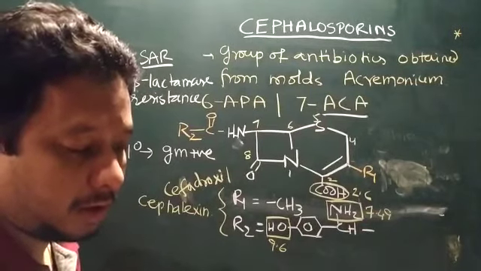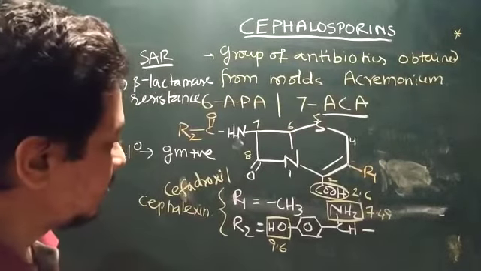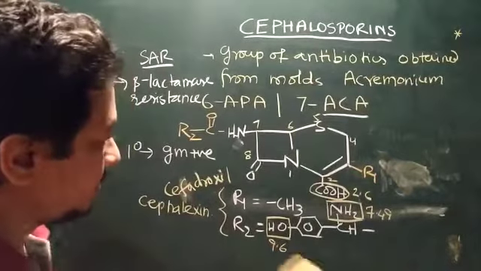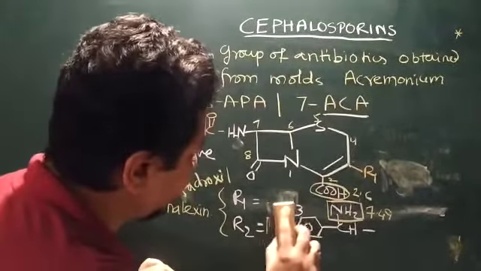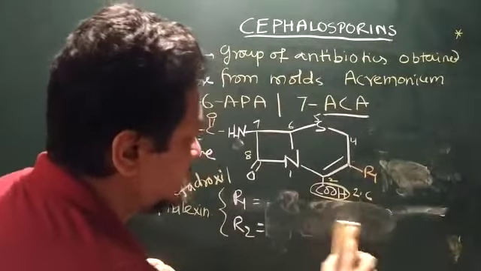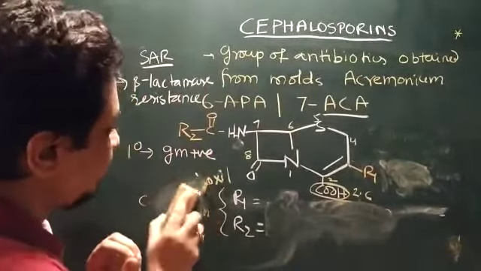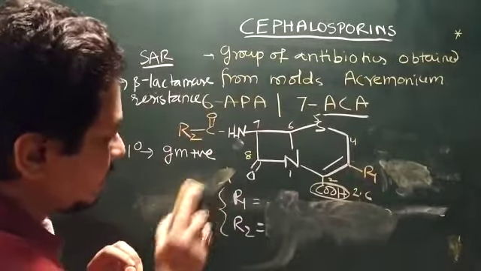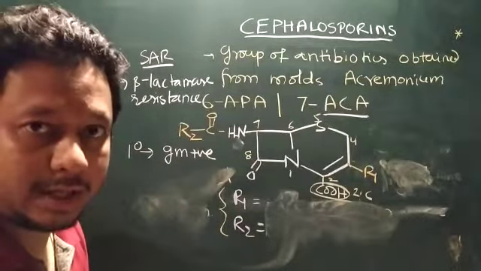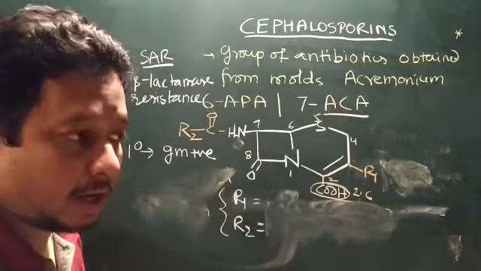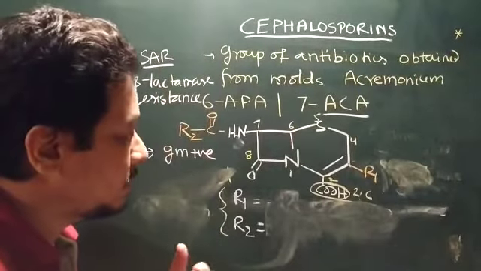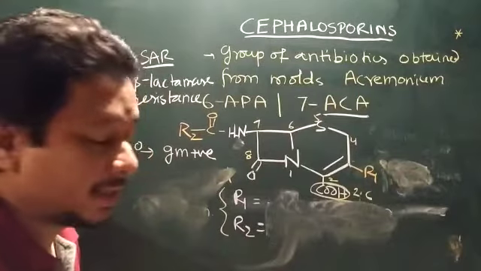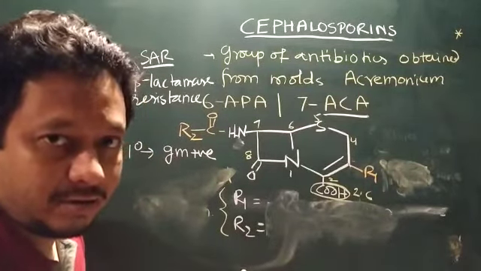Next, I'll continue with more water soluble cephalosporins, which can be given parenterally. You have heard of carbenicillin in our penicillin section. Carbenicillin has 2 carboxylic acids, so that's why it is more water soluble and given intravenously.